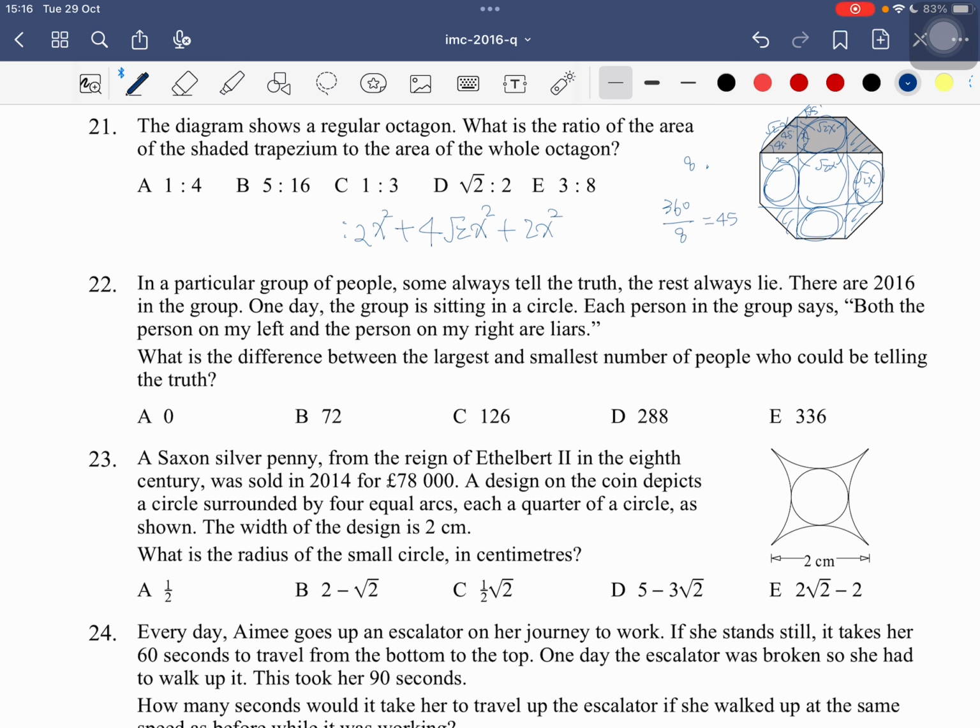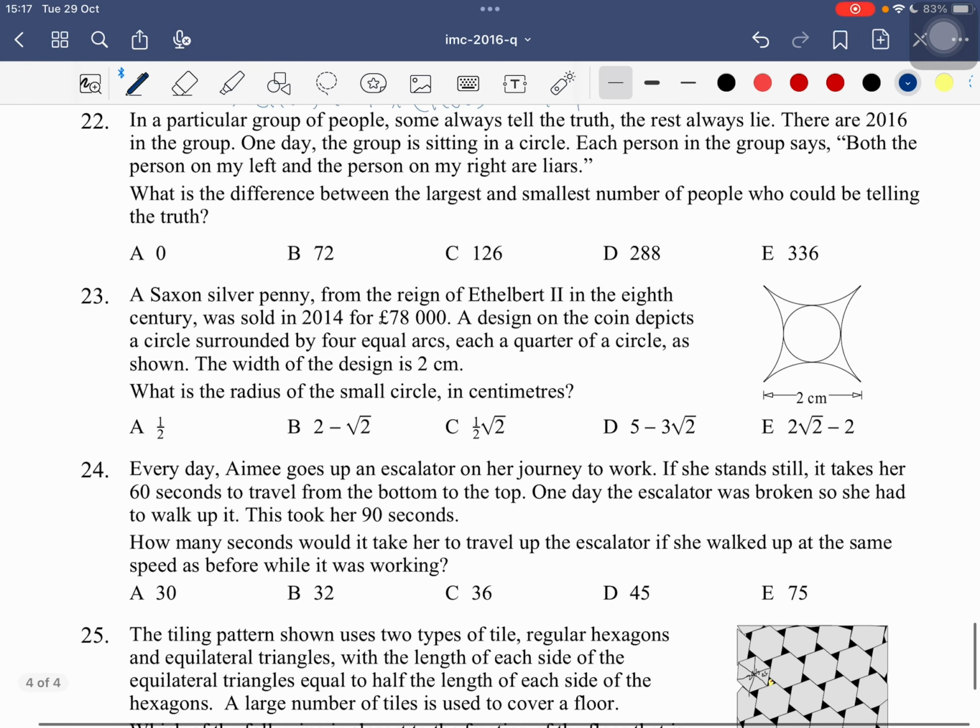So this is the whole area. And the shaded area is x squared, but we have 2. No, I mean half x squared, so we have 2, so it is x squared plus square root of 2x squared. So now x squared (1 plus square root of 2) over 4x squared (1 plus square root of 2). Oh, okay. So this becomes 1 to 4.